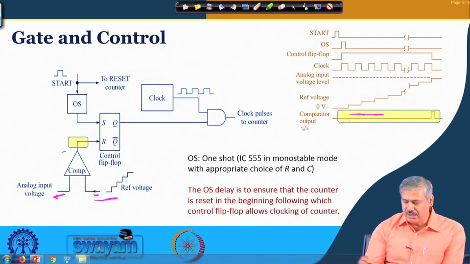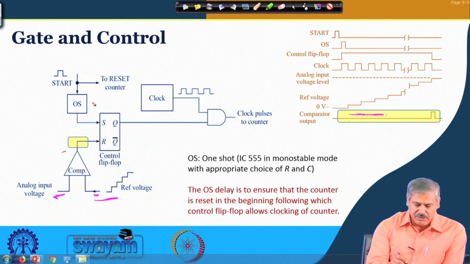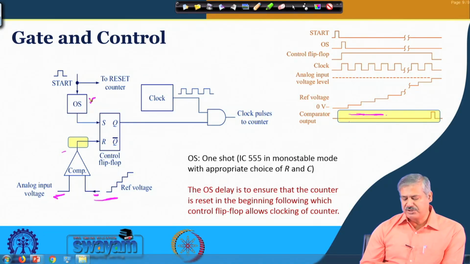So, at that time the comparator output is low. What you see as OS is a one shot, a 555 working in monostable mode.